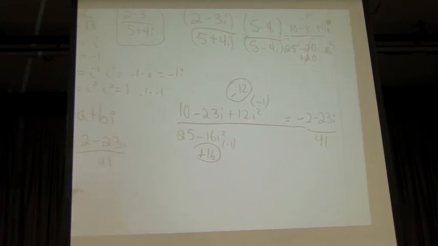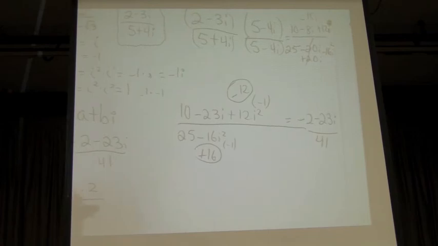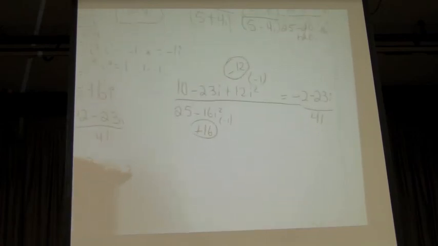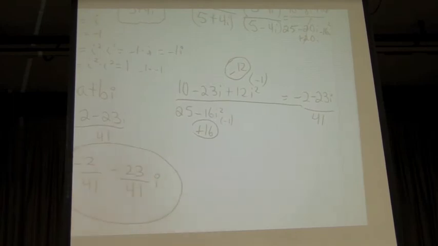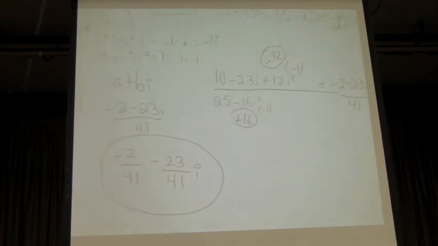So we're going to separate it to -2 over 41 minus 23 over 41i. Okay, and that is our final answer. If the 41 had been a 40 or something, we would reduce it.